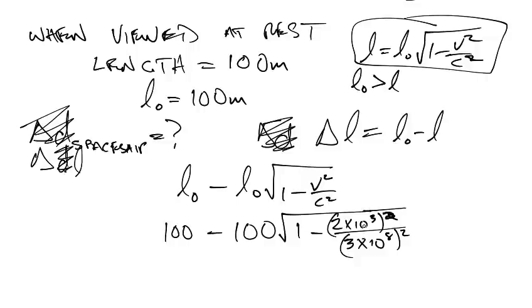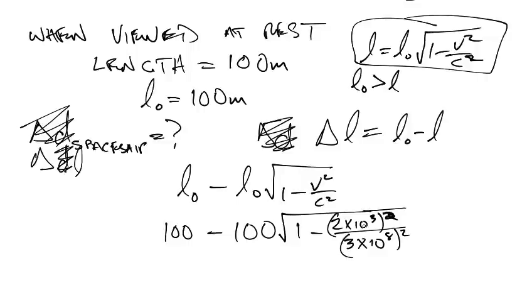Let's go 2 exponent 3 squared, 3 exponent 8 squared, divided by, change sign, 1 plus, which is the same as 1 minus that.